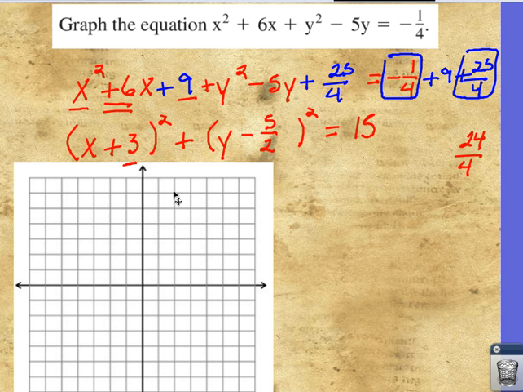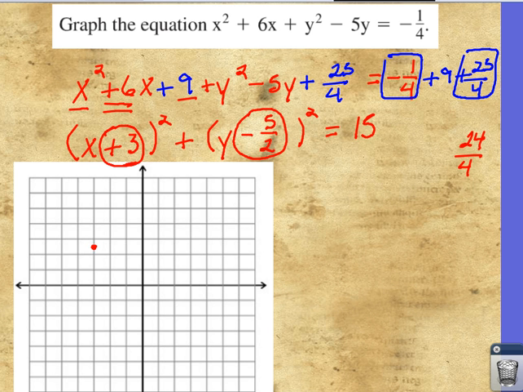Let's graph it. The center of this circle is moved left 3, up 2.5. There's the center. We good there? The radius, not fun.